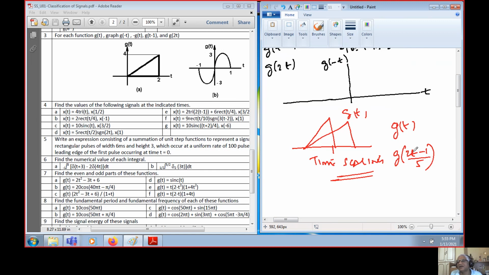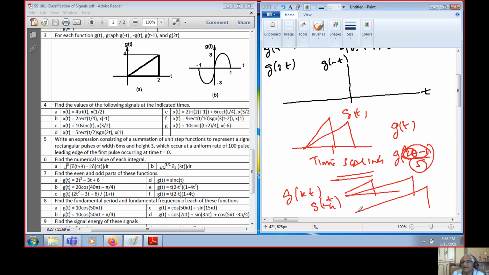You are performing a scaling operation, then a shifting operation, and after shifting again a scaling operation. Whenever it is g of some kt, it will shrink. A bigger graph will shrink. Whenever you are using t by k, it will be expanding. A small graph will look bigger.